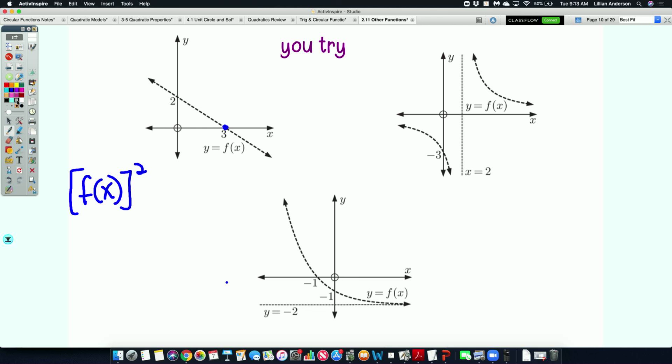This part that's down here needs to come above the x-axis, and on top of that, we should hit the y-axis at what value? 4, because again, we are squaring our y's. So it needs to go through 4, it needs to bounce off 3, and this part needs to be positive. So you should have some type of quadratic looking shape.